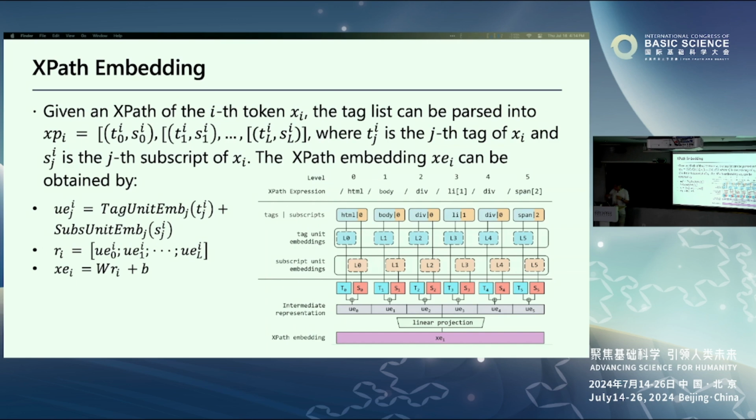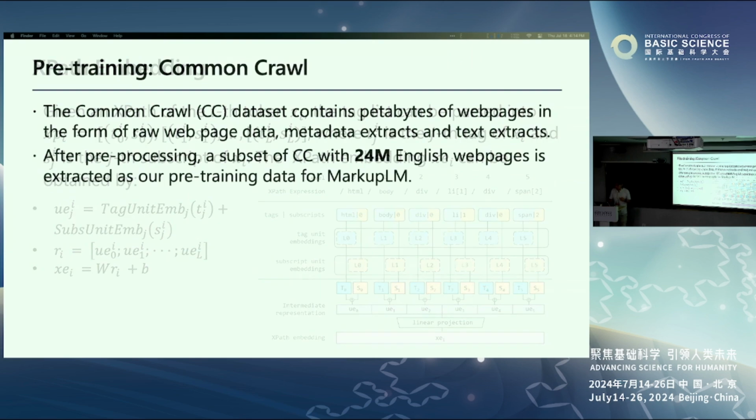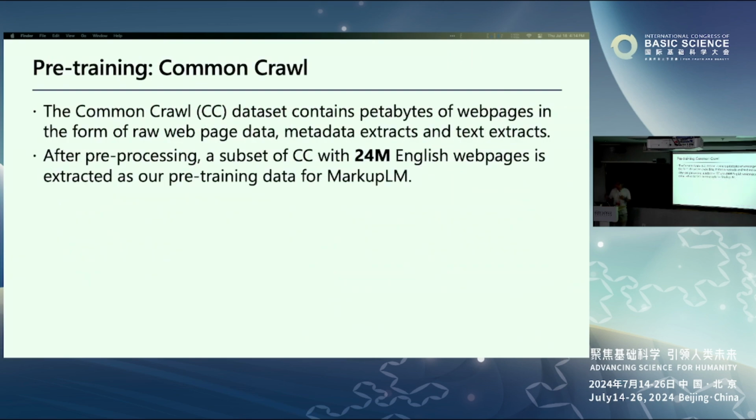With this feature, we can combine it with the word feature, so the word feature can get the spatial information. After introducing this design, we also use Common Crawl as a pre-training corpus, and there are about 24 million English web pages in this corpus.